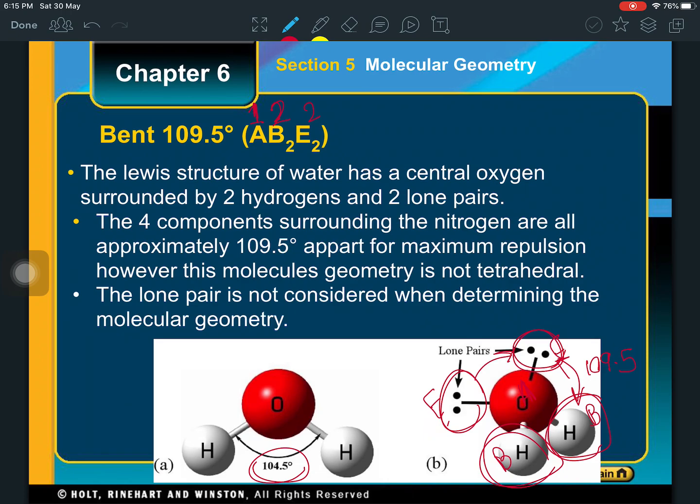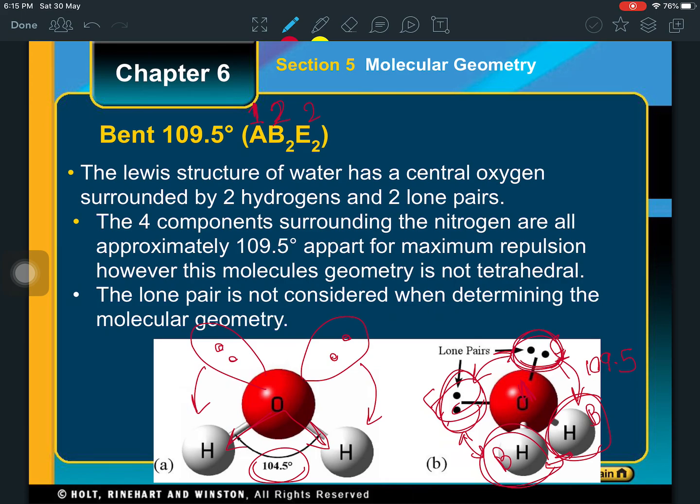But basically, they are all also taking on this tetrahedral conformation. But because, of course, we don't consider these, this is called a bent molecule. So say we have our 2 lone pairs here and here. These are each repelling these away, and that is why water has this bent structure, right?